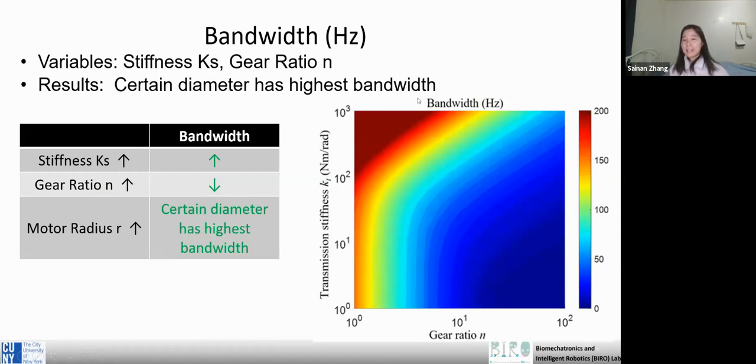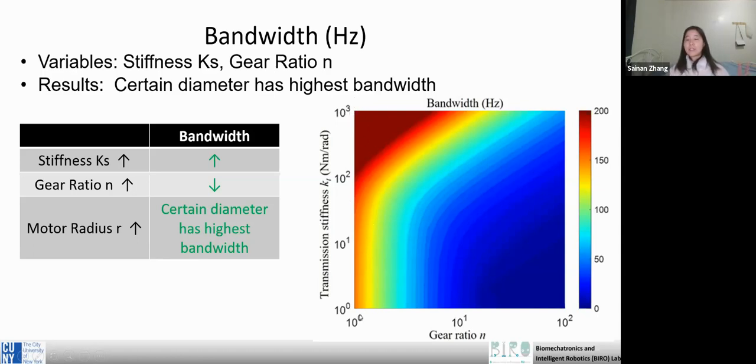We can get the answer from the simulation results. As we know, a larger bandwidth is better. So here, the deeper orange is better. It requires a small gear ratio and a large transmission stiffness.